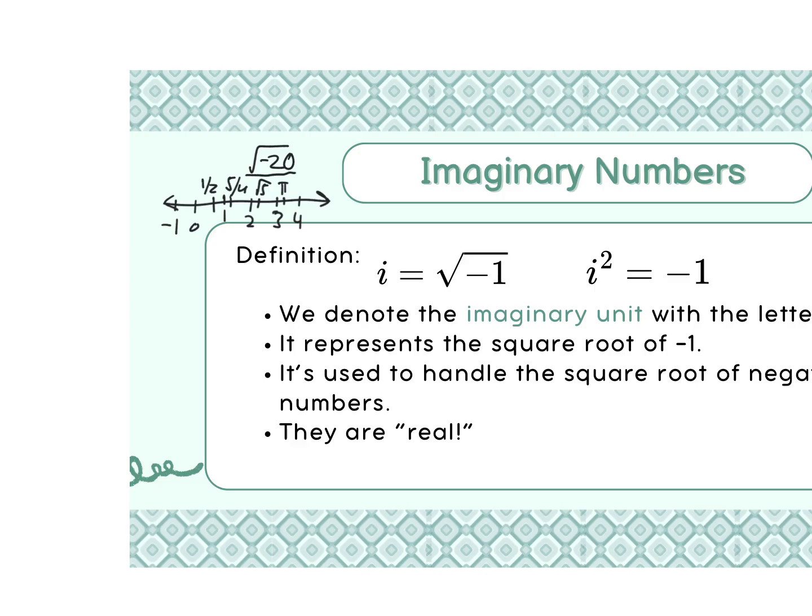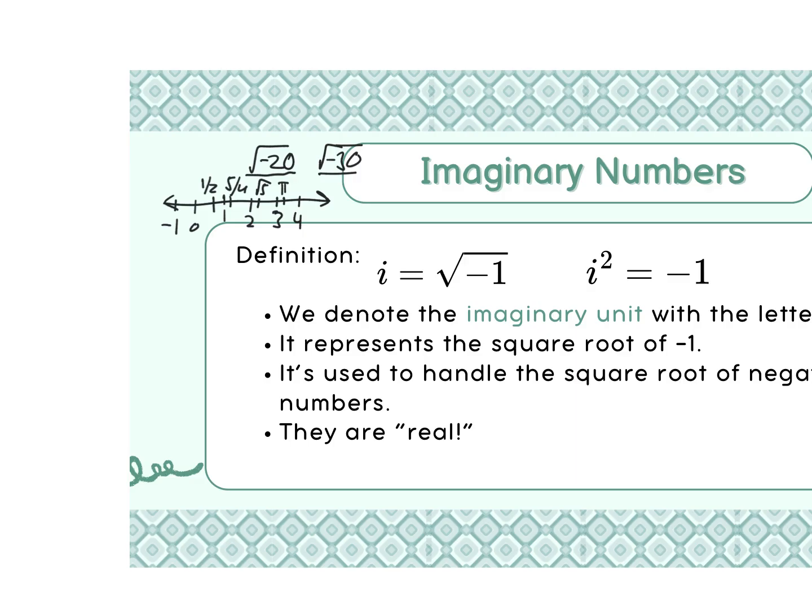Something like the square root of -20 and the square root of -30, even though you might consider them both to be no solution, as we discussed before, are technically no solution in the real number system, but they're obviously not the same number. The square root of -20 and the square root of -30 are not the same thing.